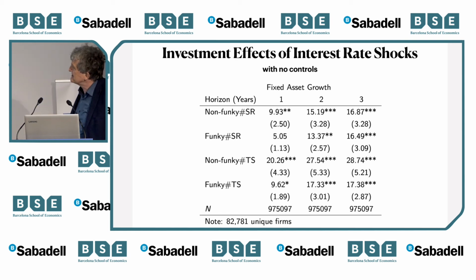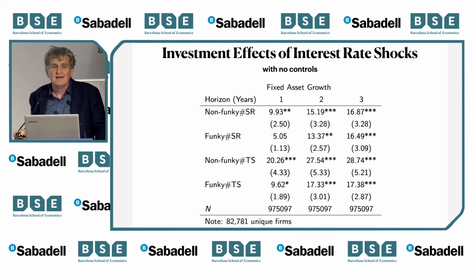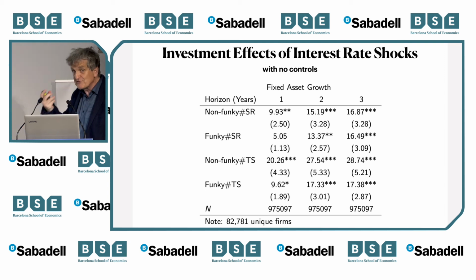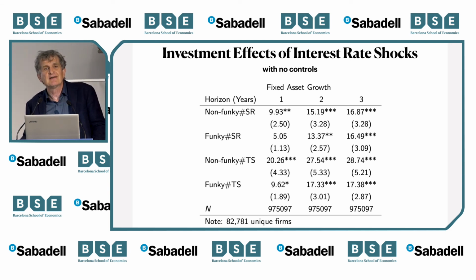But these second 2 numbers, 28 and 17, are what I was hoping for, because the non-funky firms respond to the term spread more than the funky firms.